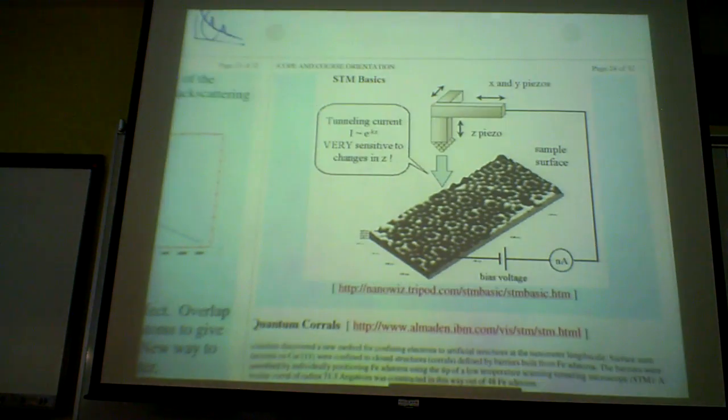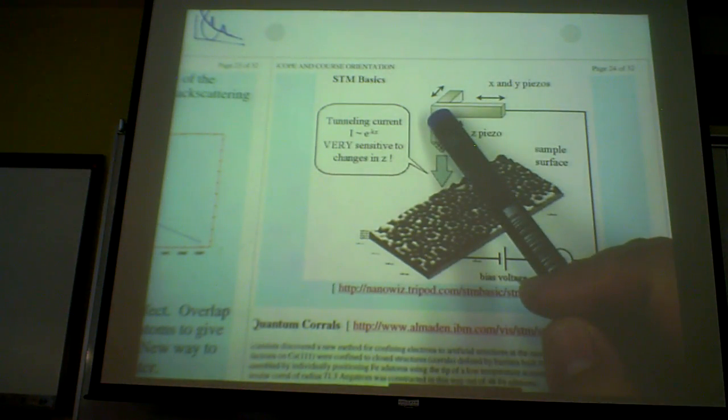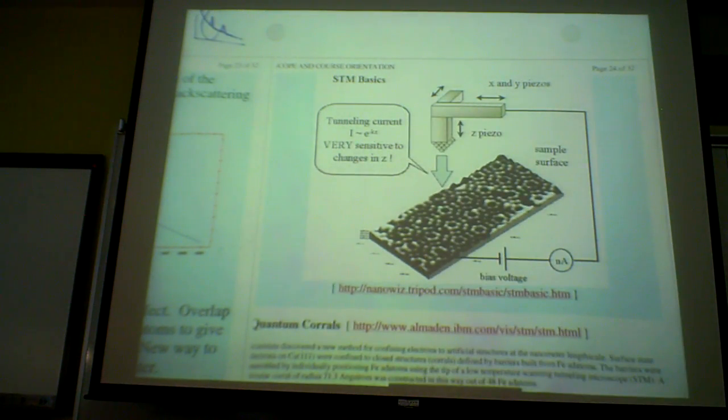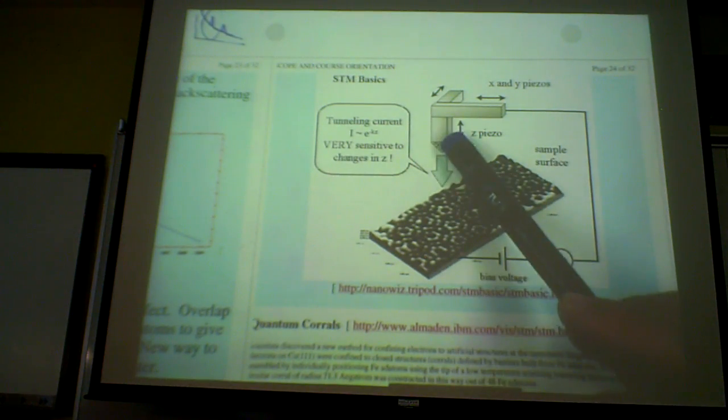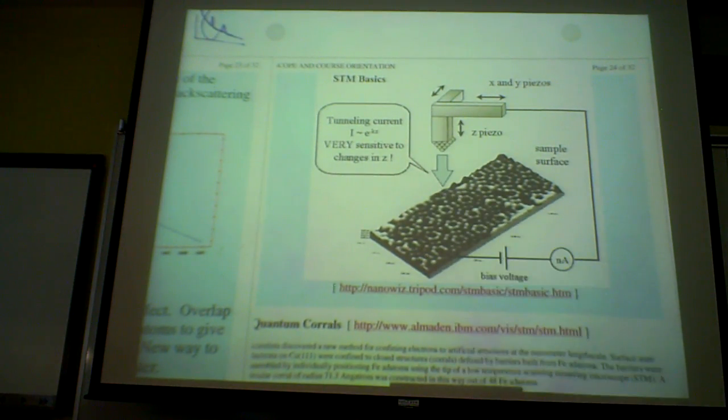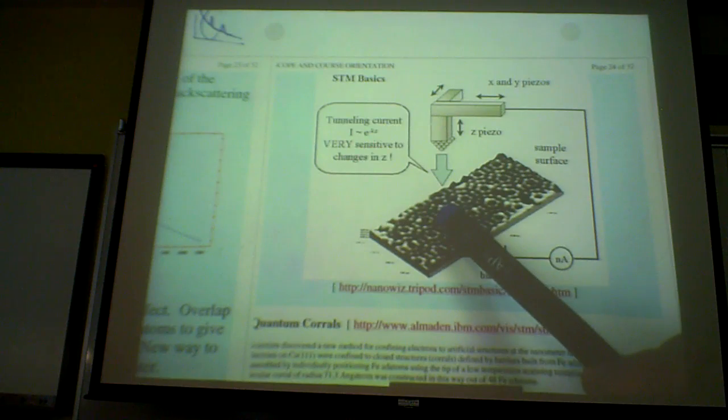The stimulus is my voltage on this piezoelectric material, and then it stretches. It stretches a very, very tiny amount, and this is how you can control the positioning, because you would crash the tip if you don't have very, very fine control of positioning the tip atom as close to the surface as possible.